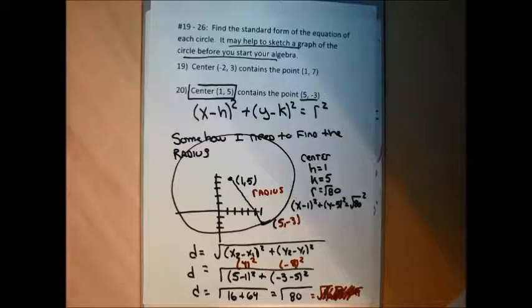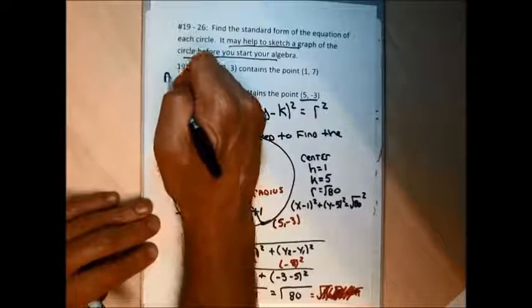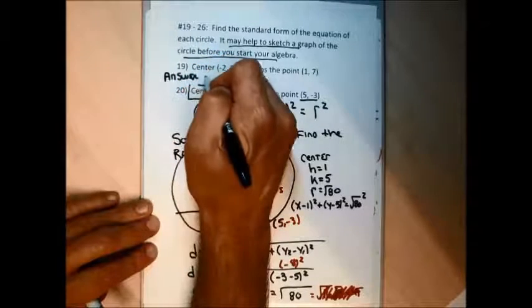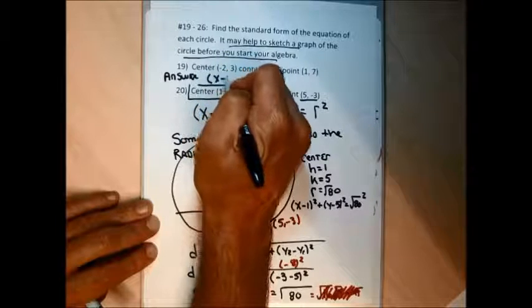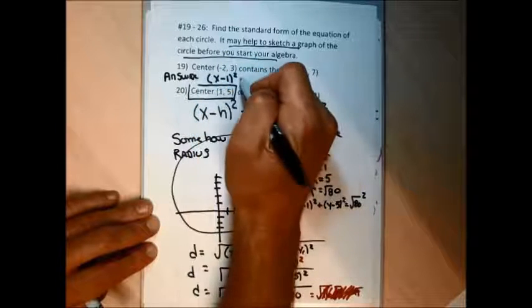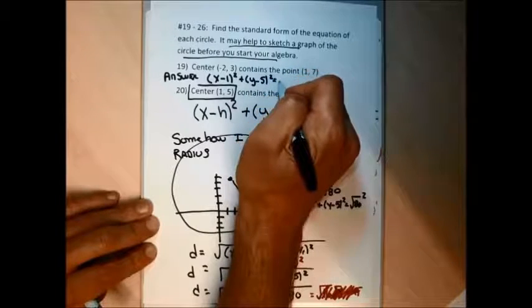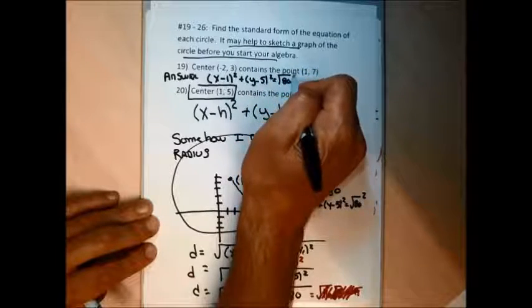So my answer for problem 20, it would be absolutely adequate if you said your answer for problem 20 is x minus 1 squared plus y minus 5 squared equals the square root of 80 squared.